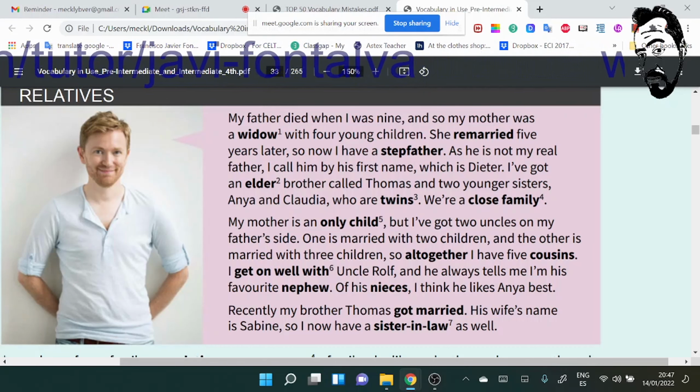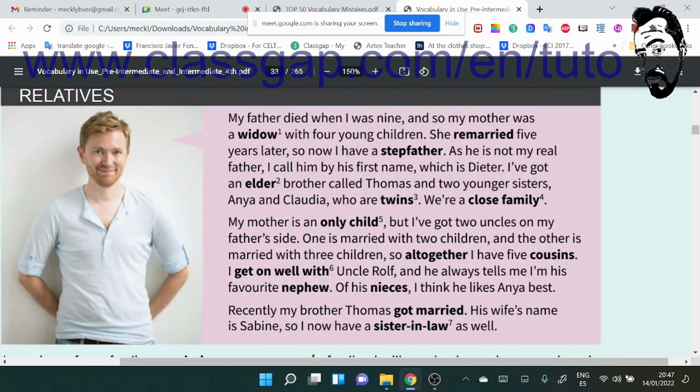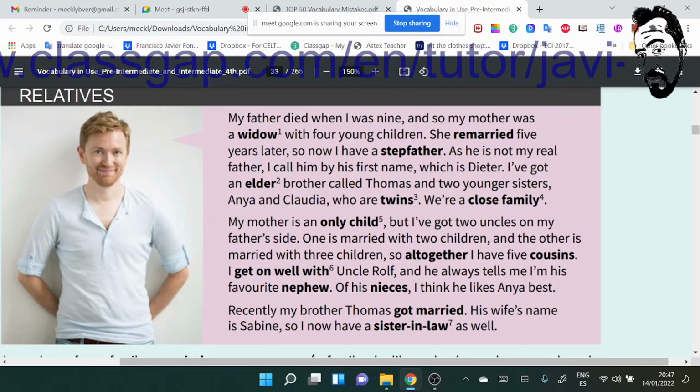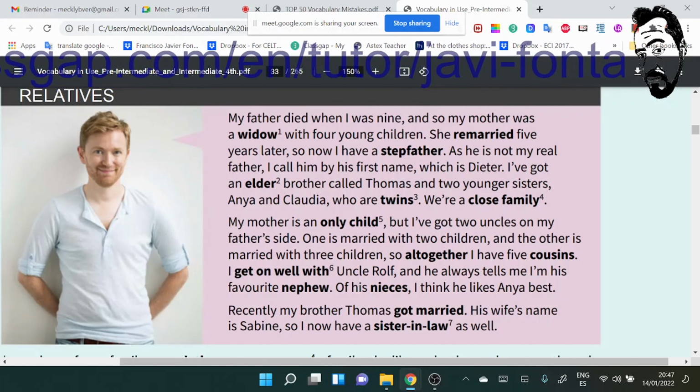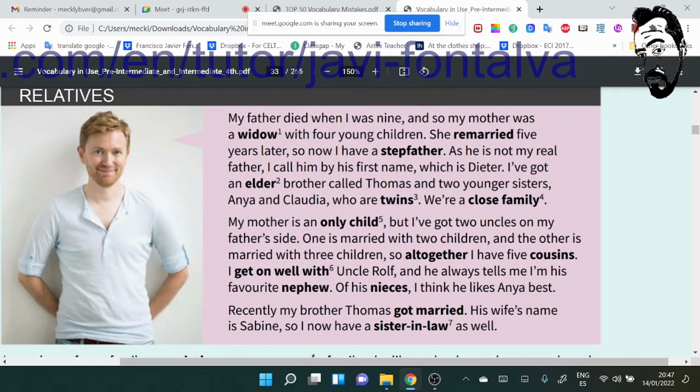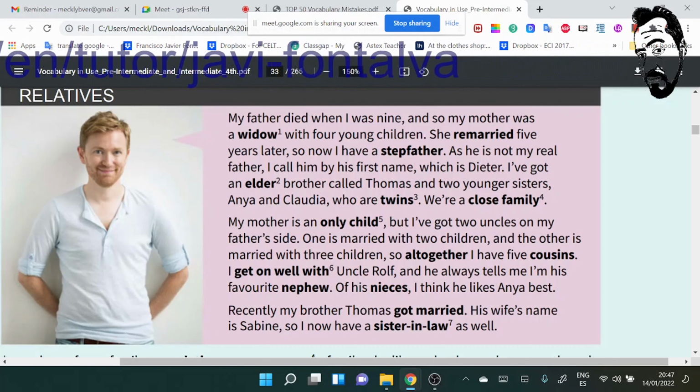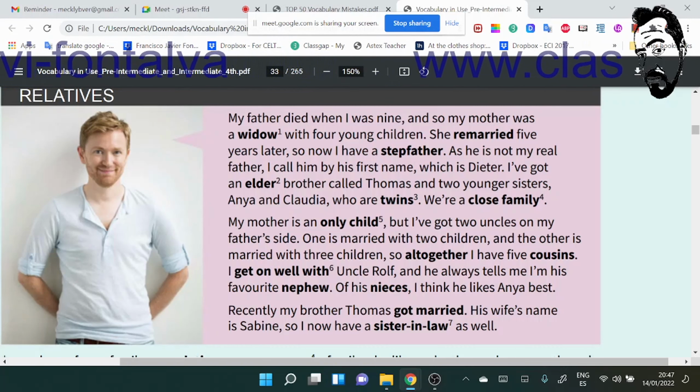I call him by his first name, which is Dieter. I've got an elder brother called Thomas, and 2 younger sisters, Anja and Claudia, who are twins.